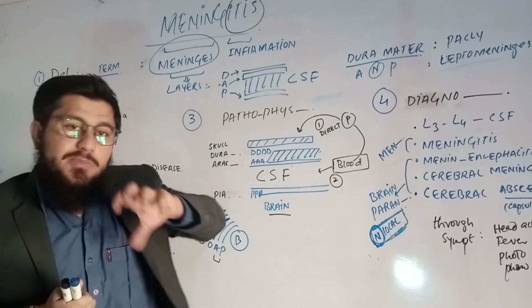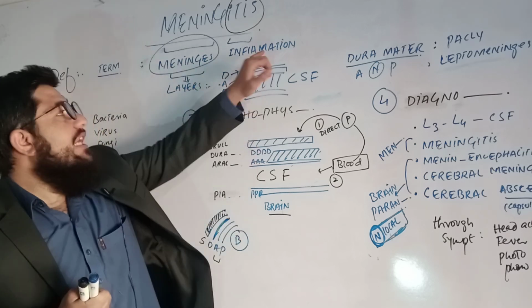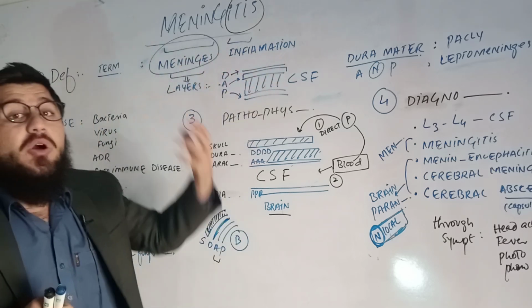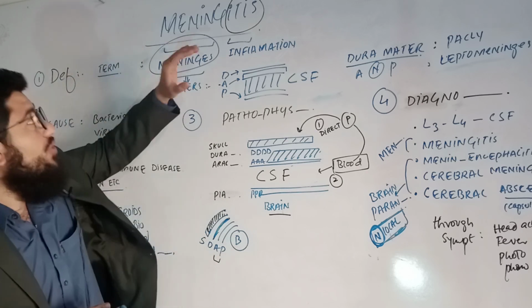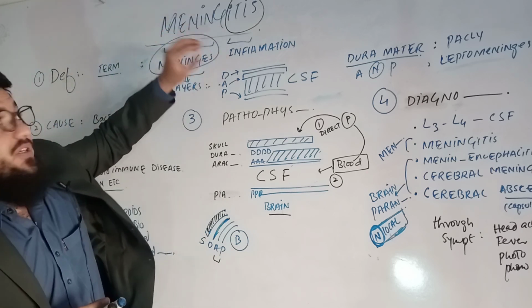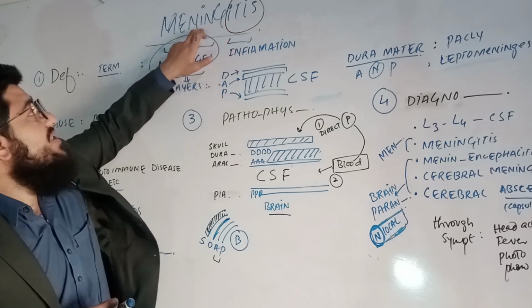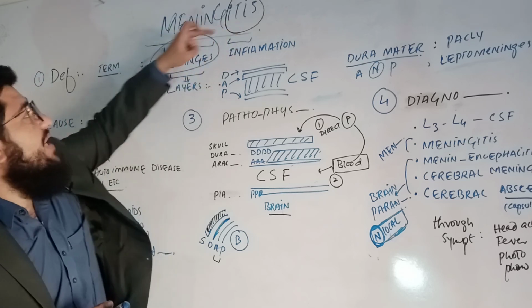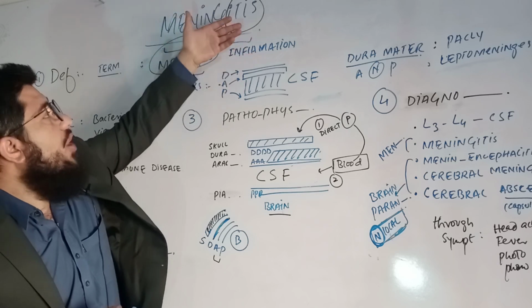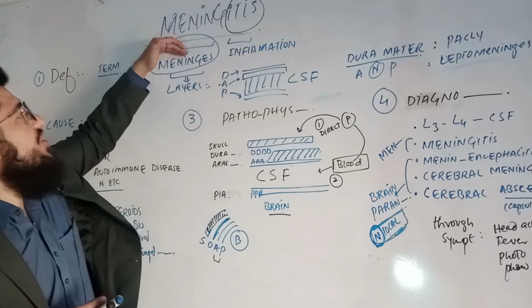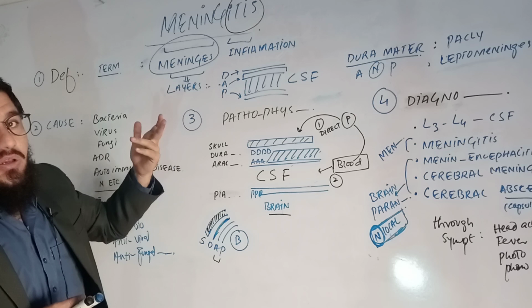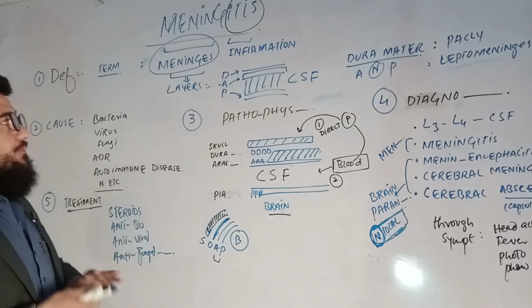You will define it in a simple way, that this is the inflammation of meninges. Where did I get this definition? I just focused on the term, that meningitis is composed of two terms: meninge stands for meninges, itis stands for inflammation. So in short, inflammation of the meninges is called meningitis. I hope it's clear now.